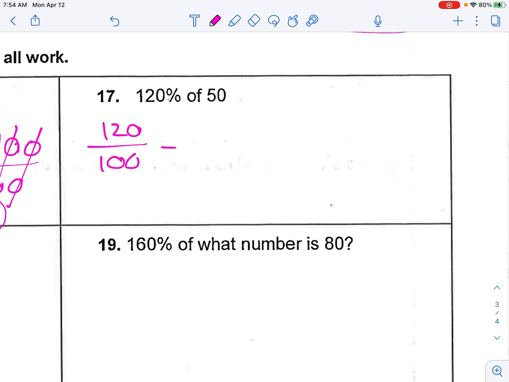Percent over 100 equals is over of. Cross products.